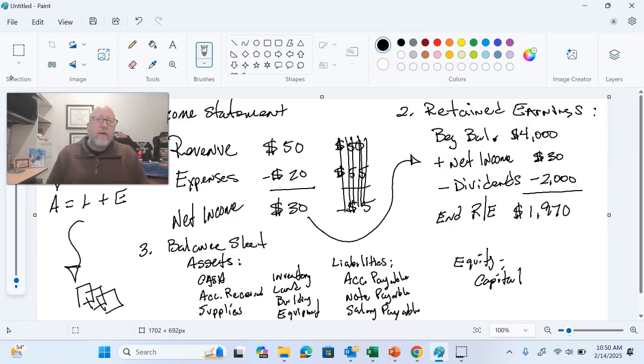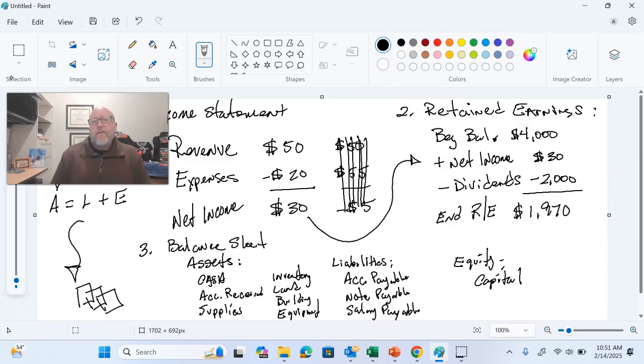And in return, we're going to get common stock. We'll talk about what common stock is later. But for the most part, common stock is just like the receipt. It's the recognition that I just contributed $10,000 to the business. And the company then gives me stock that I could use to show people, hey, I'm an owner of the business. This is the portion of the business that is mine.